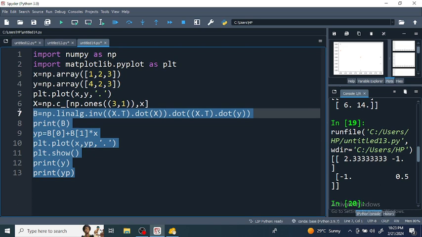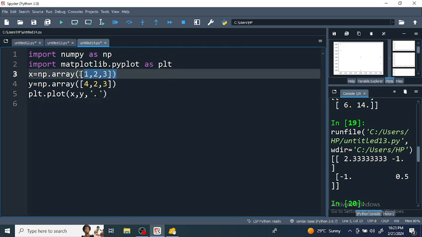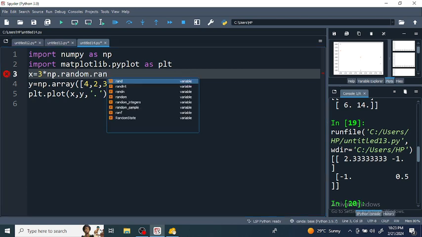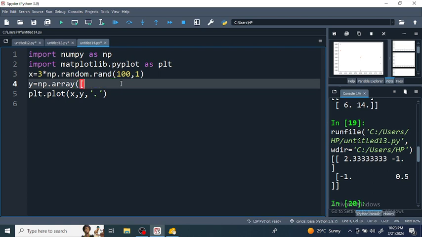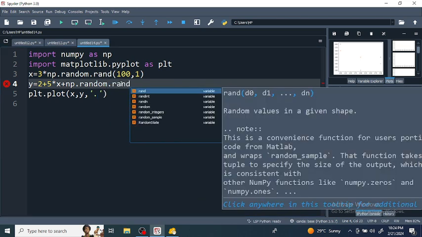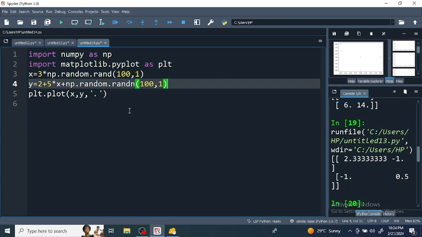Instead of x, I am writing np.random to generate some random data, 100 one-dimensional data points, and y equal to 2 plus 5x plus np.random.randn(100). So here we generate random numbers using the equation y equals 2 plus 5x, adding some normally distributed data of 100 points, and x is also a random number.